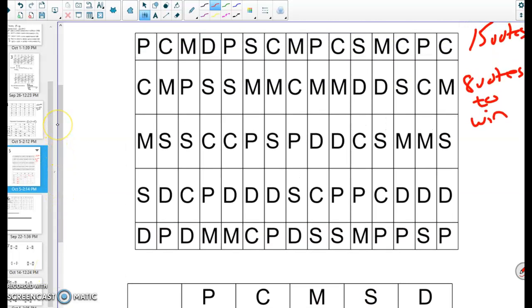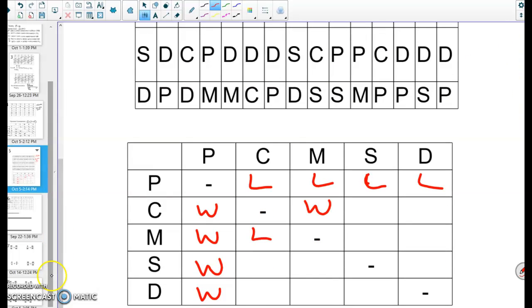C over S. 1, 2, no, no, no, no. 3, 4, 5, 6, nope, nope. 7, 8. Doesn't even matter what the last vote is. C gets the 8 votes, it's a winner.